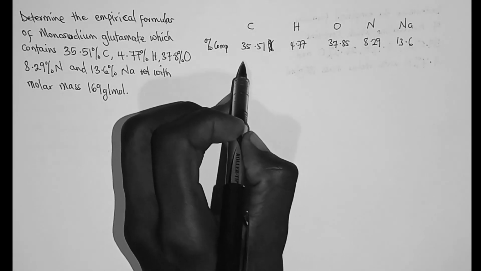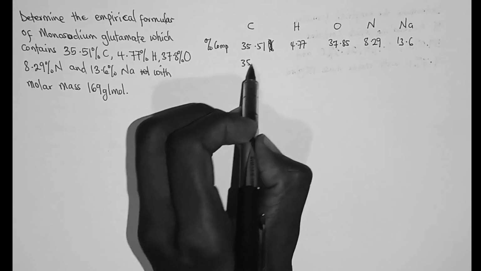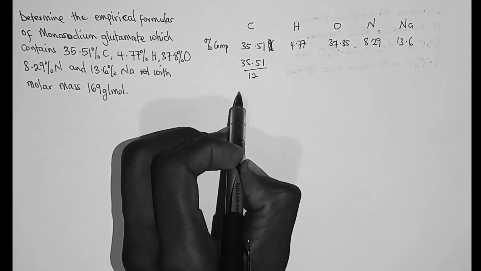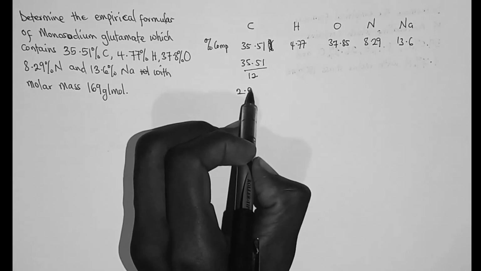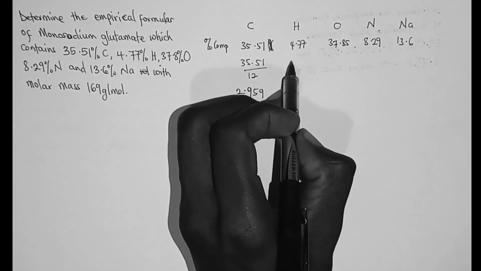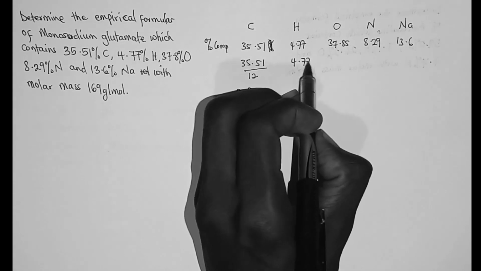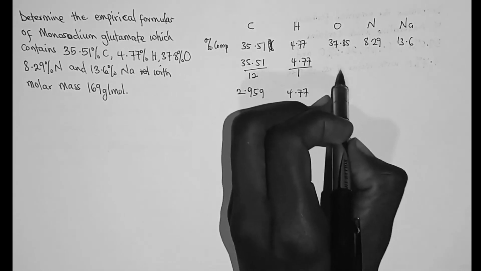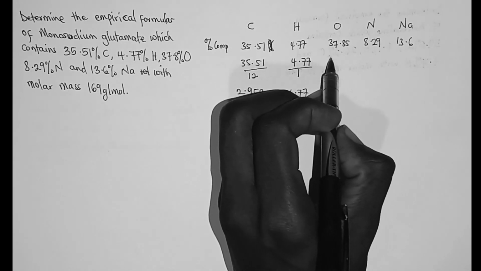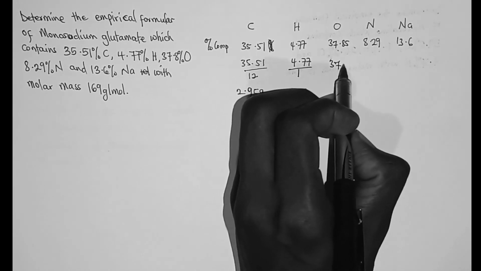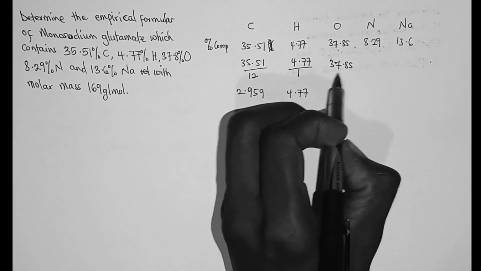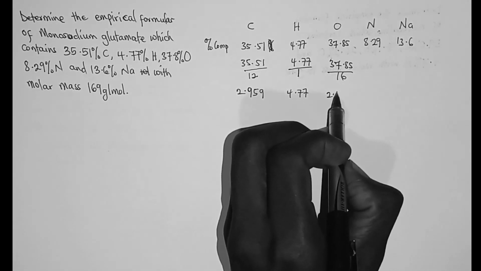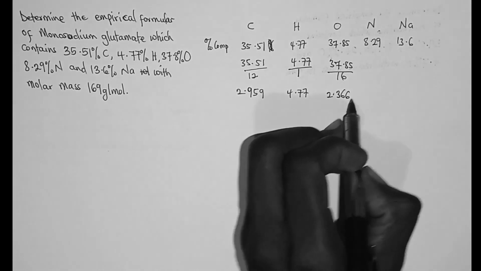In the case of carbon, it is 35.51 divided by 12, and that is equal to 2.959. And hydrogen is 4.77 divided by 1, which gives 4.77 again. And oxygen is 37.85 divided by 16, and that is 2.366.